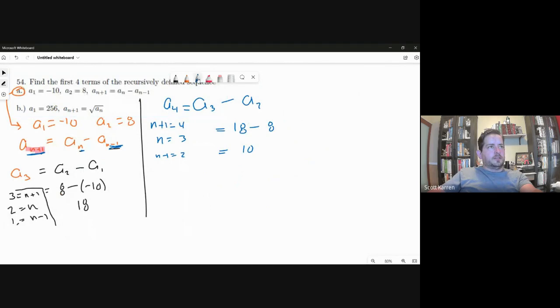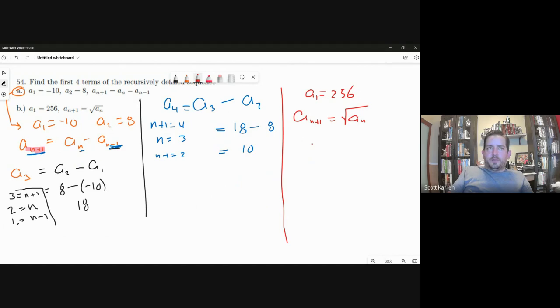And finally, let's take a look at B in 54. B tells us that a sub 1 is 256. And then a sub n plus 1 is equal to the square root of a sub n. So I need to find my second term.